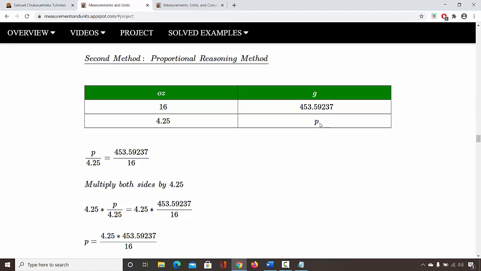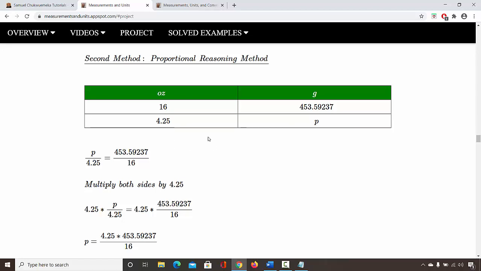So we can say P over 4.25 is equal to 453.59237 over 16. That is one way. We can say P over 453.59237 is equal to 4.25 over 16.